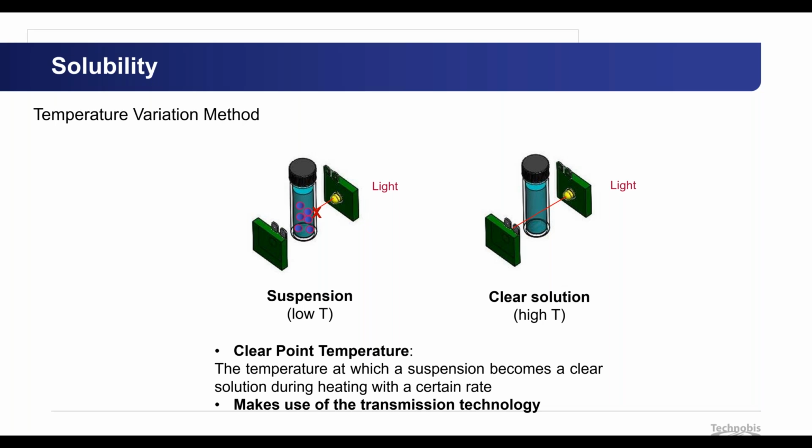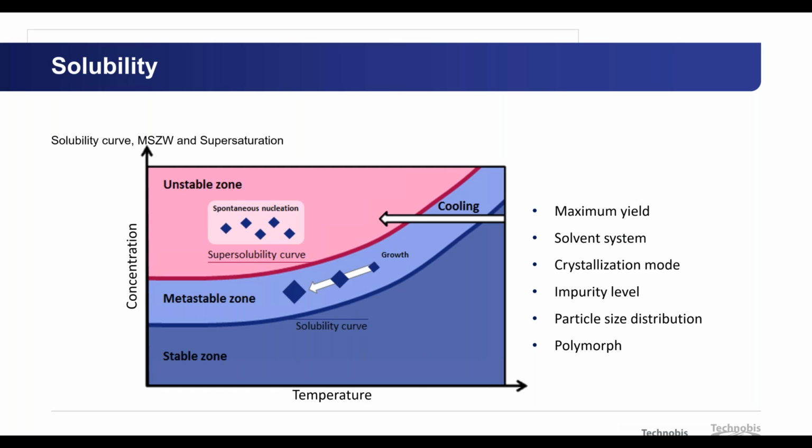So if I want to look at concentration, in a graph like this one, where you have concentration versus temperature, your clear points, the first points that you detect when all your solids go into solution, are the points on the solubility curve. So the points on the blue curve, these are your clear points here.